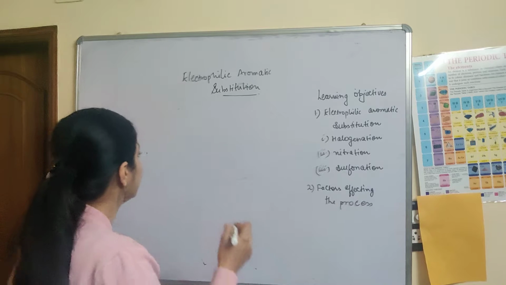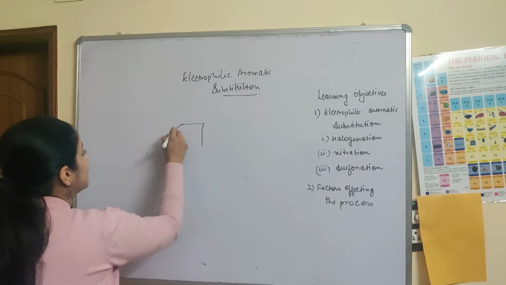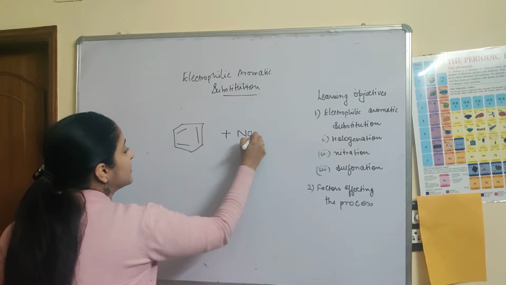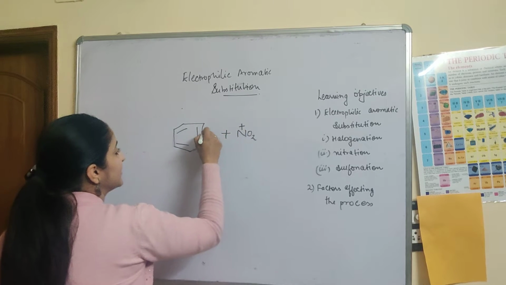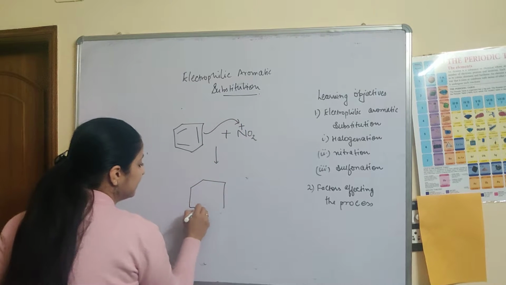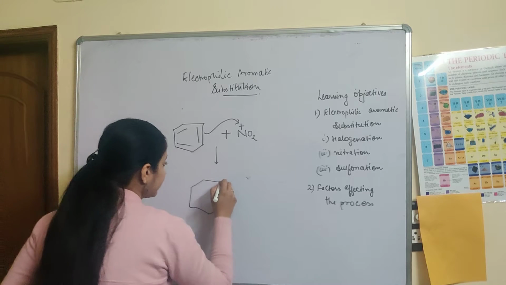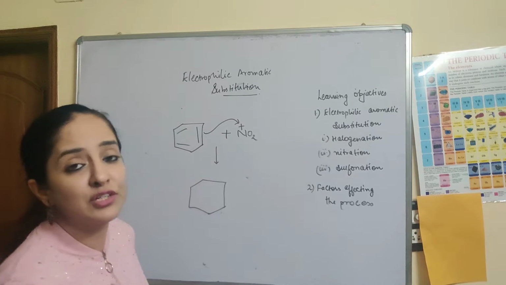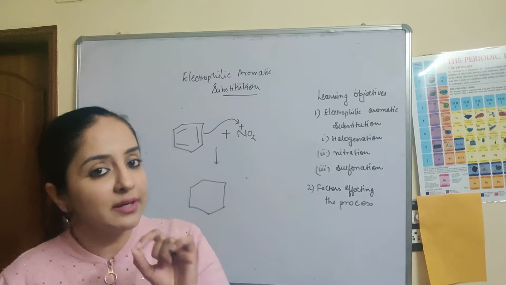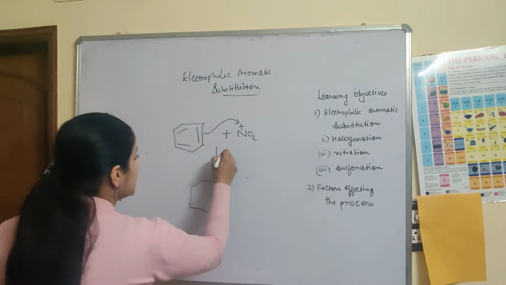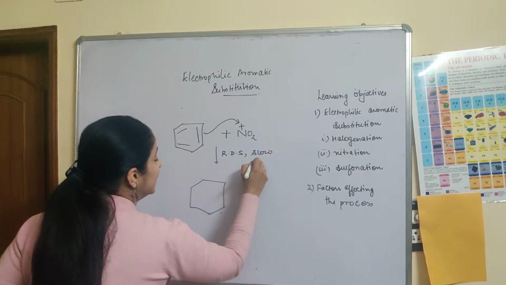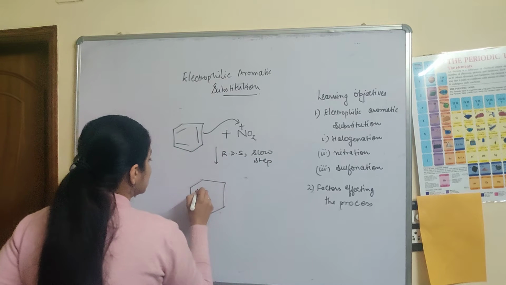So let us now come to the attack of the electrophile, which is the nitronium ion, on the benzene ring system. You know that the attack of the electrophile, or the formation of the sigma complex or the Wheland intermediate, is the rate determining step here. It is the slow step, and it determines the rate of the reaction, as I have discussed in a lot of detail in halogenation also, students.